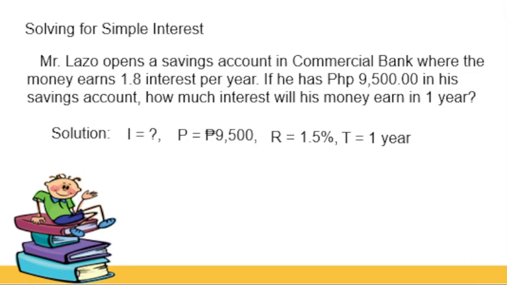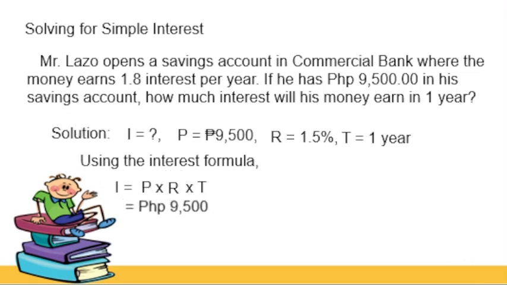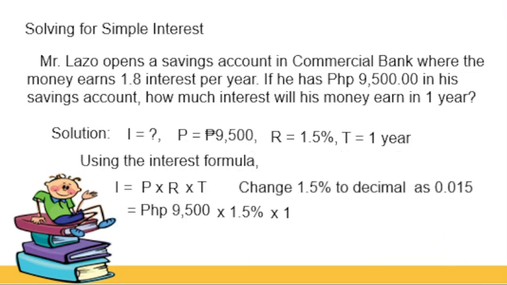Change 1 year into, that is already 1, because the unit is always in years. So that is 9,500 times the rate of 1.5 times 1. Change 1.5 into decimal, so that will become 0.015.